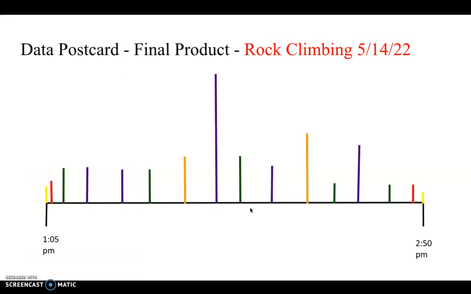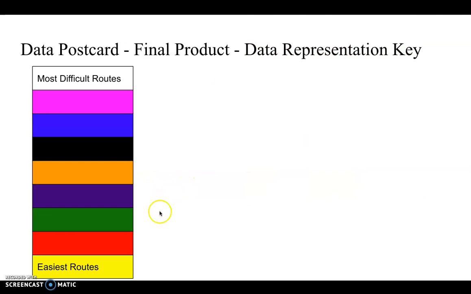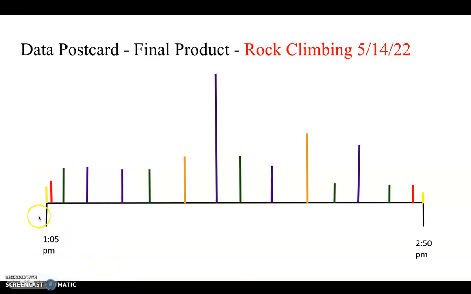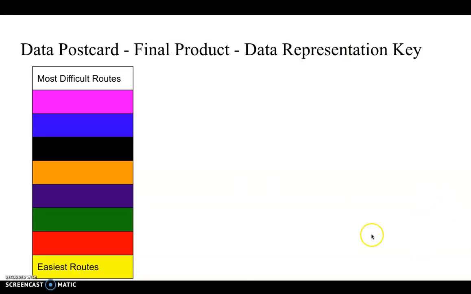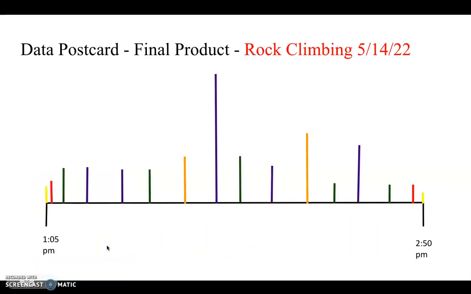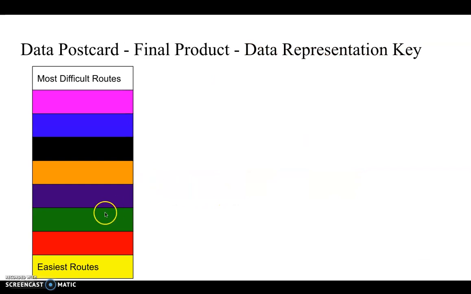So if you look at my representation, you'll see some of the lines are yellow, some of them are red, some of them are green, some of them are purple, some of them are orange. So the yellow routes, you can see I kind of did at the beginning and end, and same thing with the red routes. I did one at the beginning, one at the end. And then sort of the middle of my workout, it's all green, purple, and orange routes.